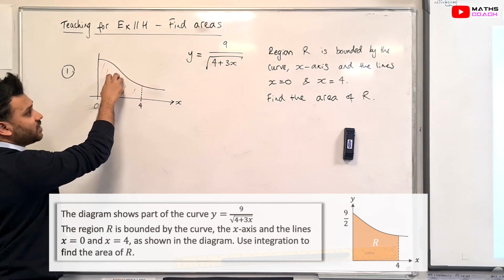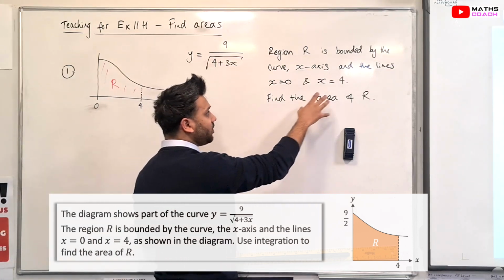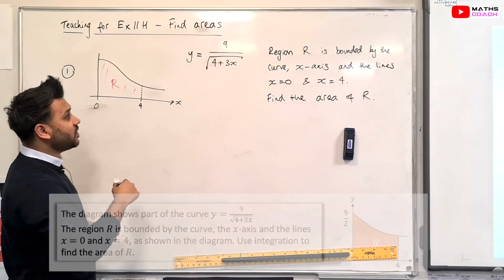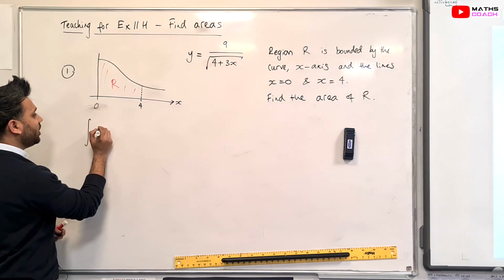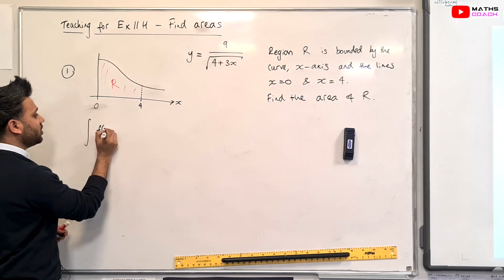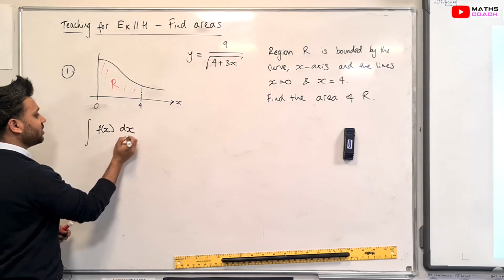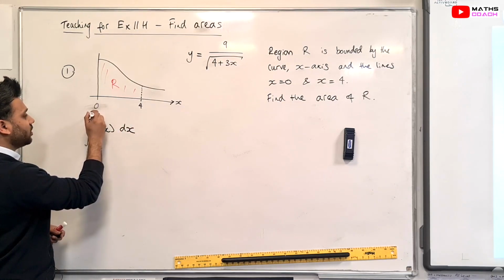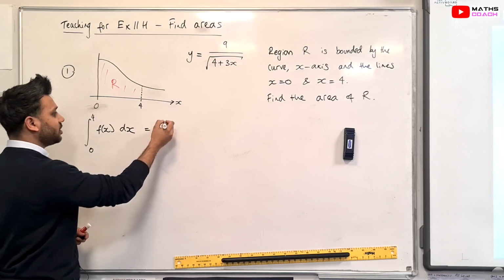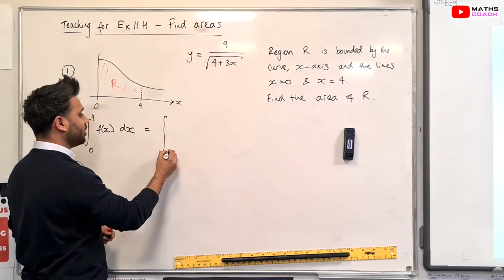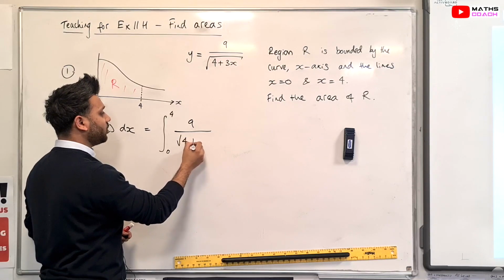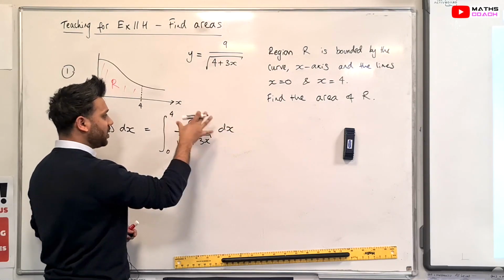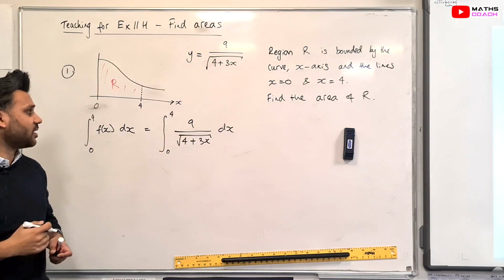We're asked to find the area of this region R. We know that the area underneath the curve is given by the integration of the function with respect to x, with x from 0 to 4. So this is the integration of 9 over the square root of 4 plus 3x, and when we perform this integration it will give us the answer.